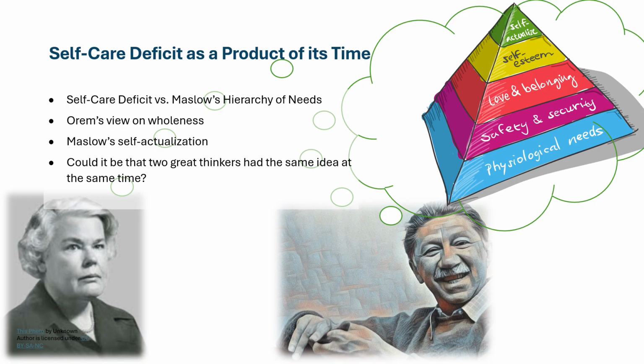In this pyramid, basic needs of life and safety form the foundation, and self-actualization sits way at the top, that little green triangle there. Attaining all levels of Maslow's hierarchy would meet Orem's definition of health, which is to be structurally and functionally whole and sound. In this way, it is very possible that Orem's self-care deficit model was a product of its time.